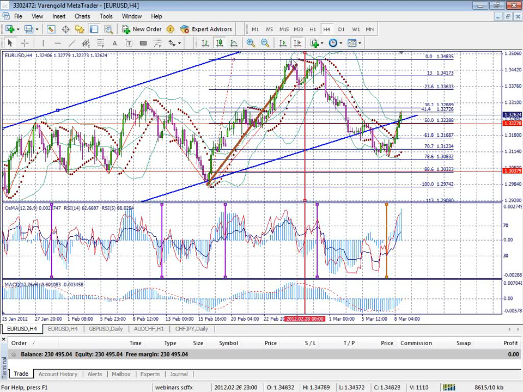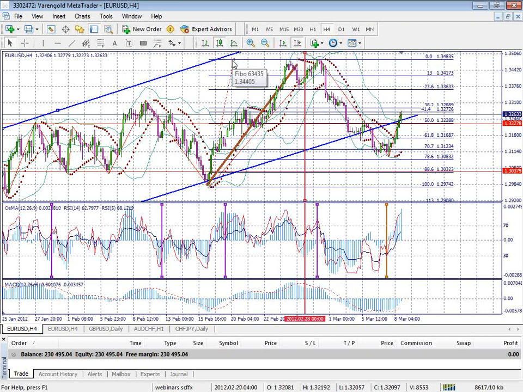I put the FIBO on that wave. So in the next wave, we have the signal here for sell. Here was the first signal for sell, and in this area the second signal. That signal, this color, we know we also have on the daily chart. We are now on the 4-hour chart.